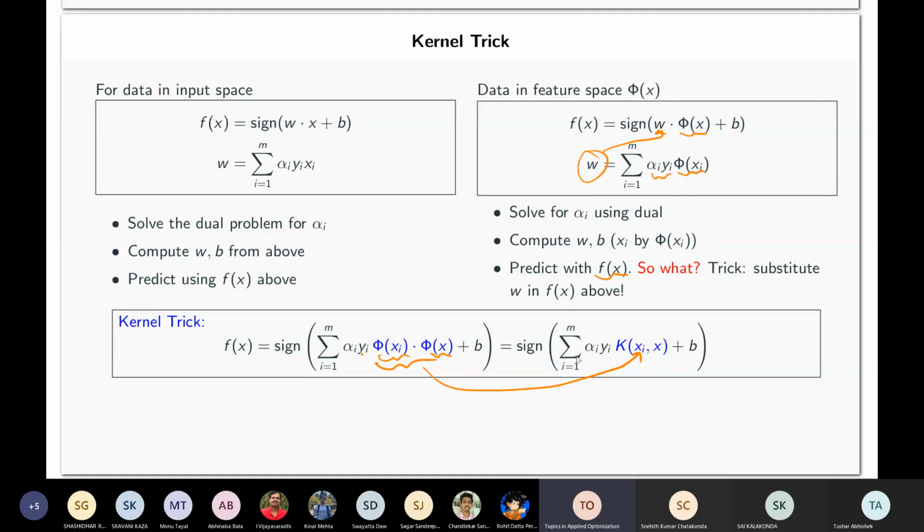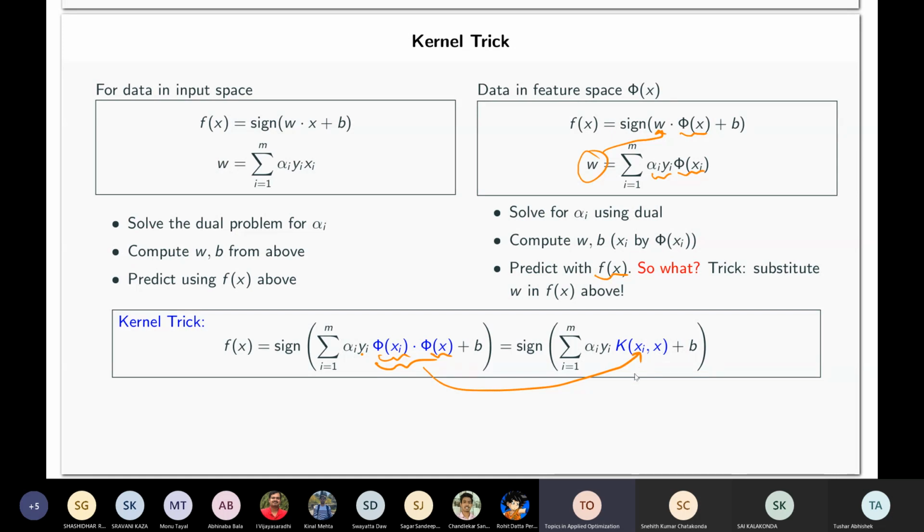If I vary i, then I will get the other entries. But right now this is just some number. If I vary both x and xi, then obviously we get a matrix, but for the moment, just to correct myself, this is a dot product of two vectors, so this is just a number.